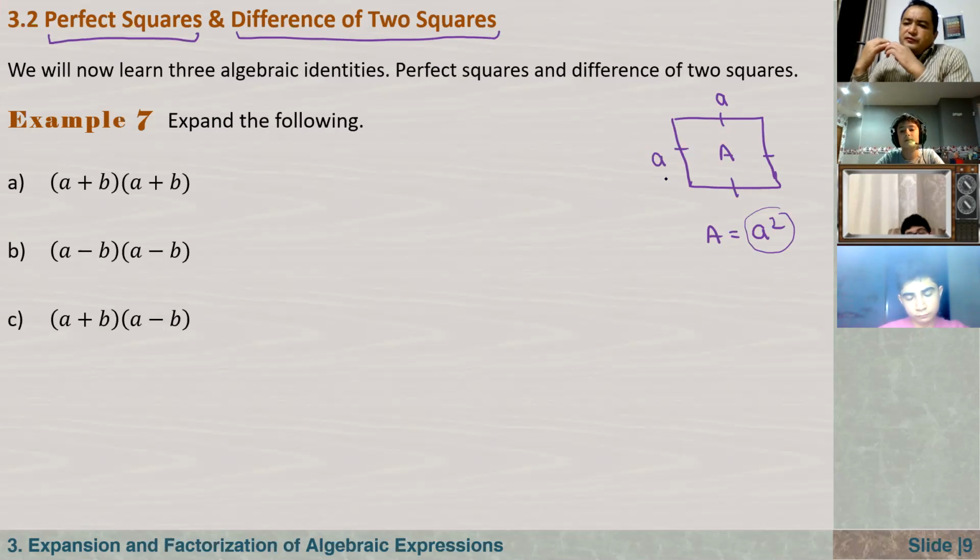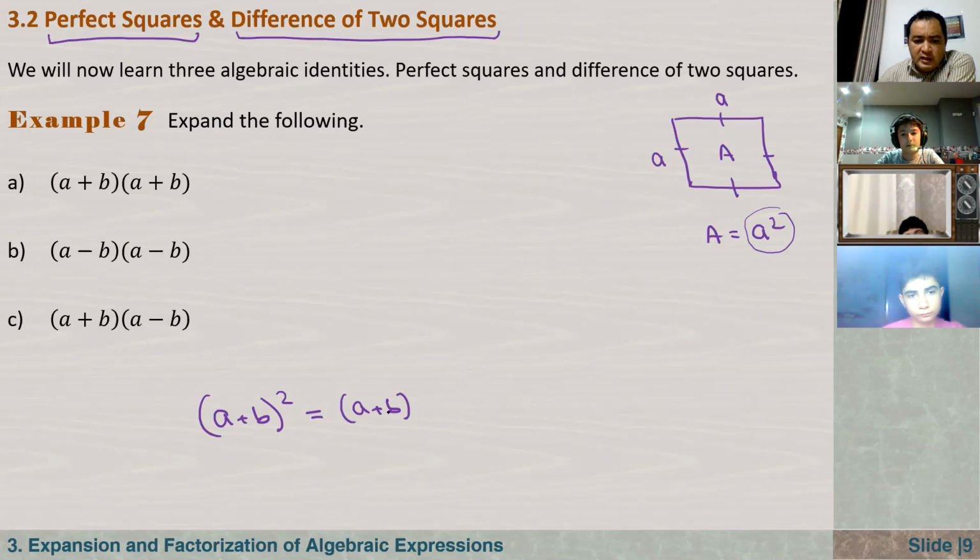So in algebra, if we can write an algebraic expression as a square of some simpler algebraic expression, or let's say two terms, we call this a perfect square. For example, here we have (a plus b) squared. We call this a perfect square because it's the square of some algebraic expression. If you expand this, the definition of square means a plus b must be multiplied by itself.